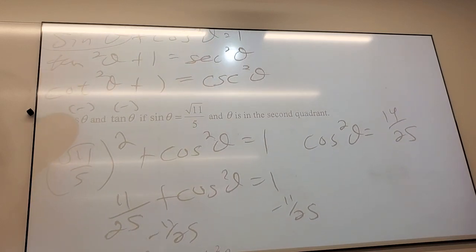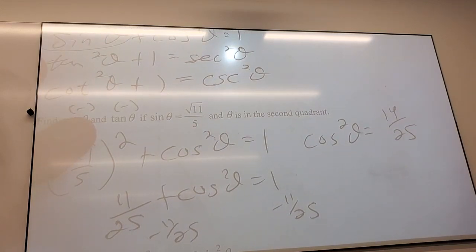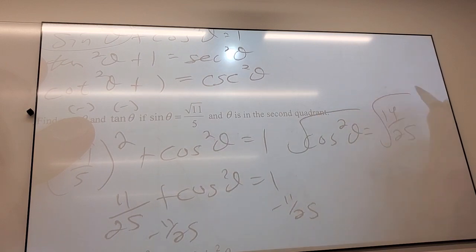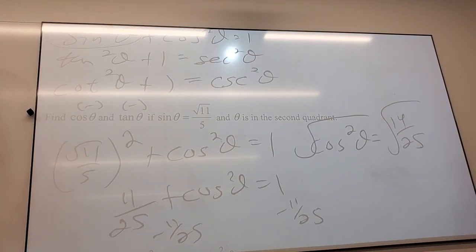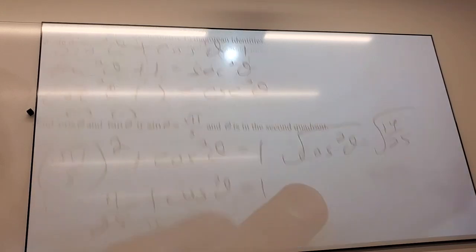And then what do I have to do to solve for cosine? Square root. Now, remember, when I take a square root, what do I have to put down? Have we done this yet? When you take a square root, what must you put down? Plus or minus. So let me show you again.